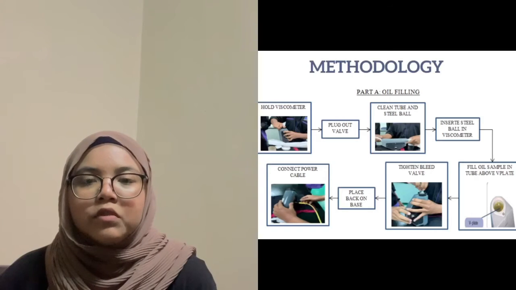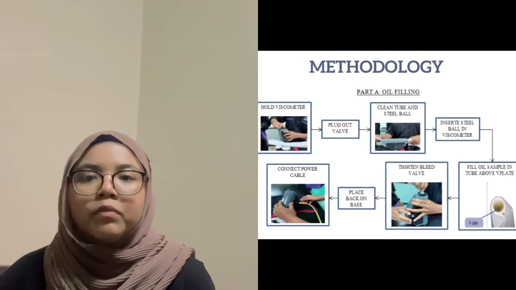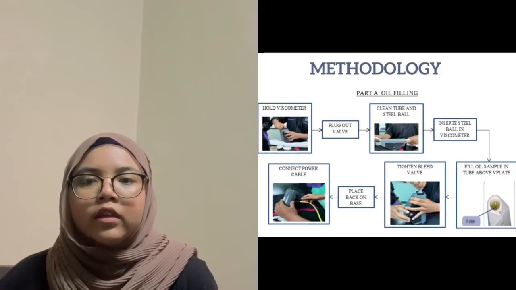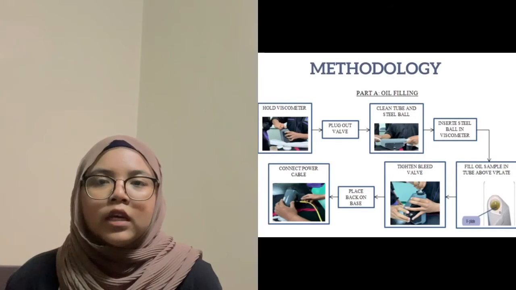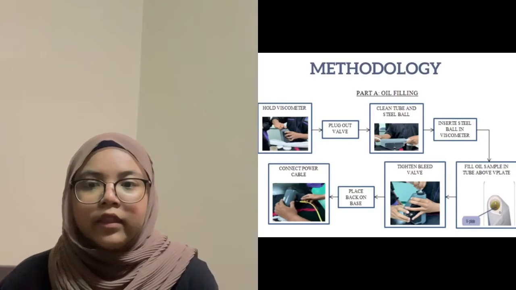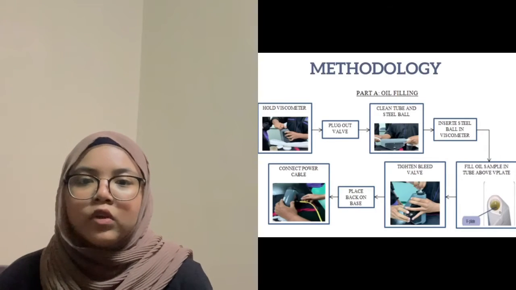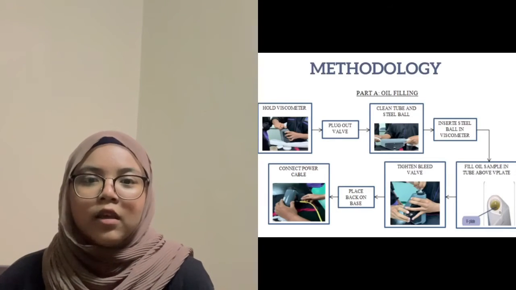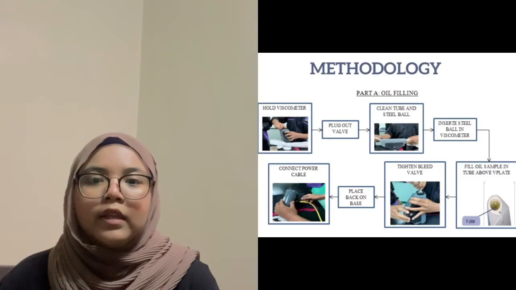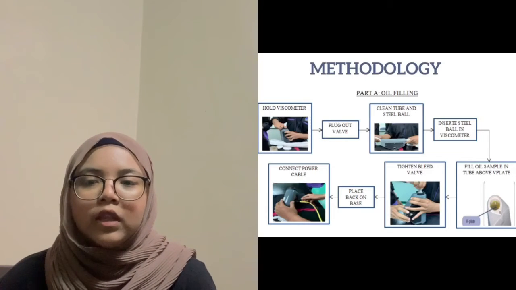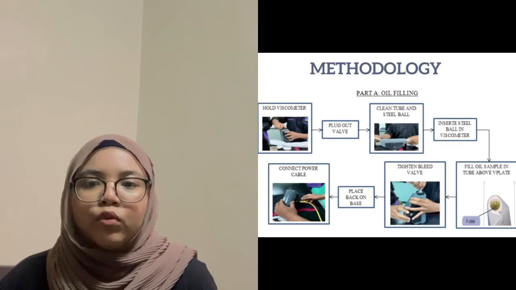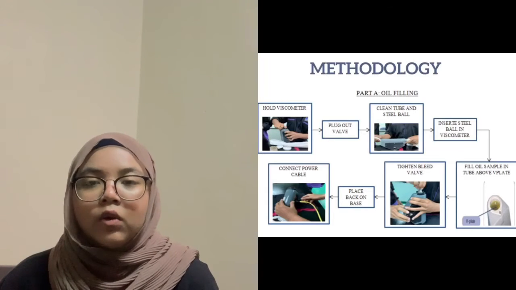And then the viscometer was placed back on the base, and the power cable was connected. The viscometer is now ready for use, but cannot heat yet because the yellow power supply lead must be connected to the viscometer and locked into place by rotating the outer collar.